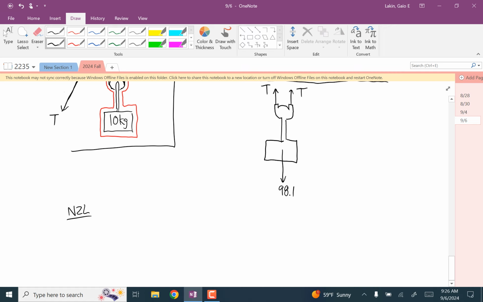And we have one force, 0, T. A second force, 0, T. A weight force, negative 98.1 in the y direction. And we're looking for this to be in static equilibrium, so the acceleration is 0.